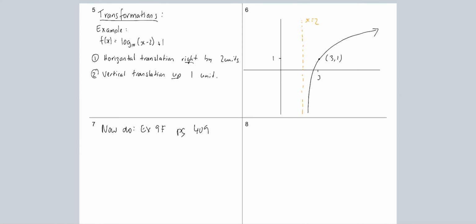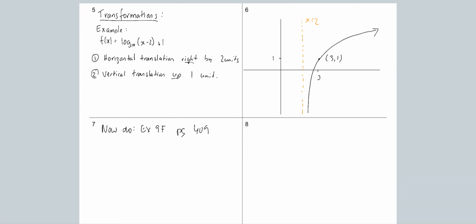Now, I haven't explained how we would work out the x-intercept there. There is no y-intercept. I haven't explained how to get the x-intercept, but at least you can see from that graph how the point has translated across.